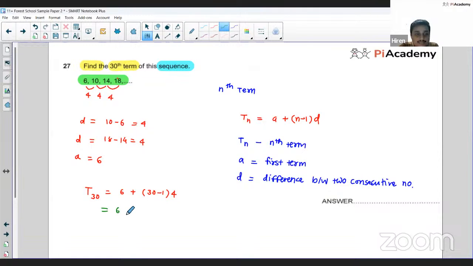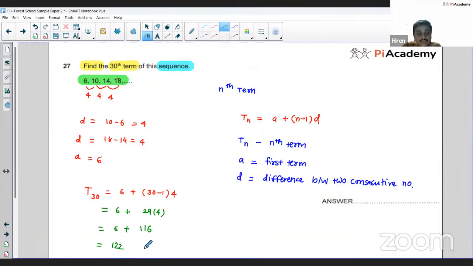Then 6 as it is, 30 minus 1, that is 29 times 4. Now if you multiply 29 times 4, that is going to be how much? 29 times 4 gives me 116. Right? So 116 plus 6 is going to be how much? So it is going to be 122.